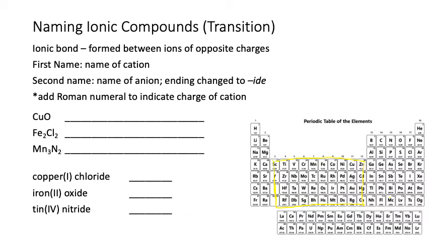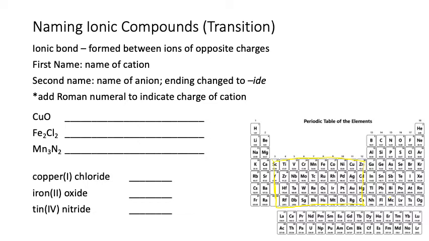So for instance, we have CuO. Based on previous rules, we would call this copper oxide. However, because copper is a transition metal, it could be +1, +2, or even +3. So we need to indicate in this compound which cationic state it exactly is. In order to do this, we look towards the anion to help us. In this case, oxygen.